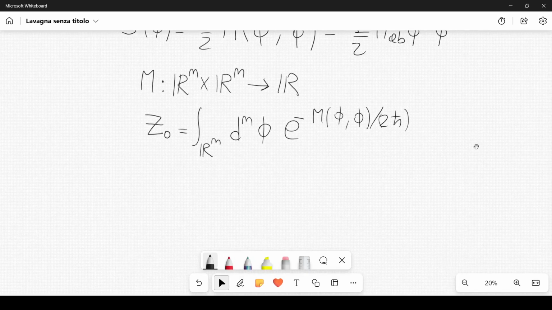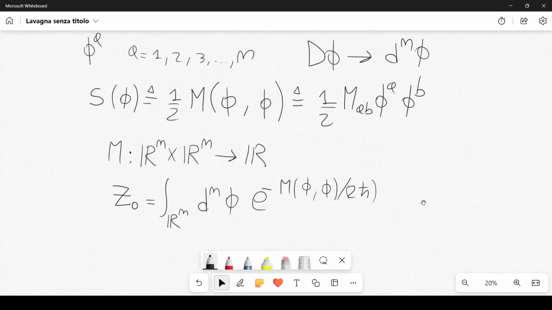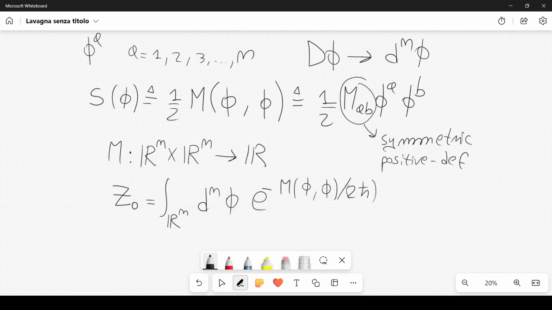Now M is a positive definite symmetric matrix. In particular, this M_AB here should be thought of as a symmetric and positive definite matrix.